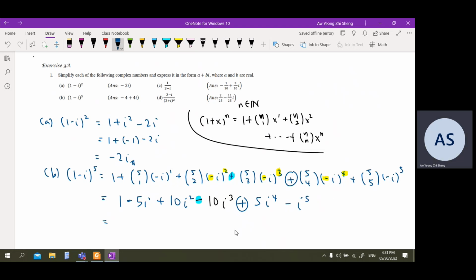Then I simplify further. i squared becomes negative 1. i cubed becomes i squared times i. i to the 4, I memorize the result is 1. This is i to the 4 times i.